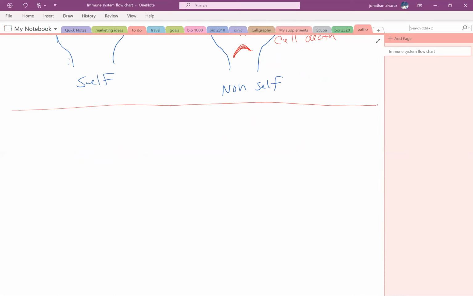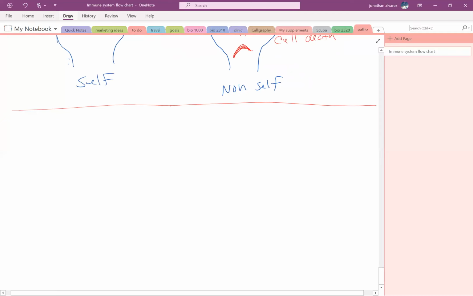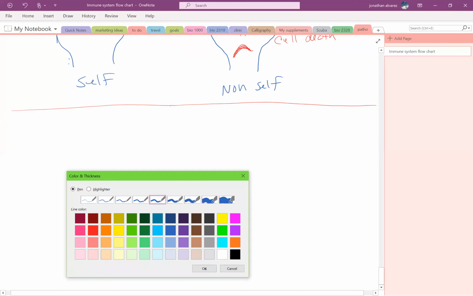Now let's look at the 3 different classes of the major histocompatibility complex. Okay.